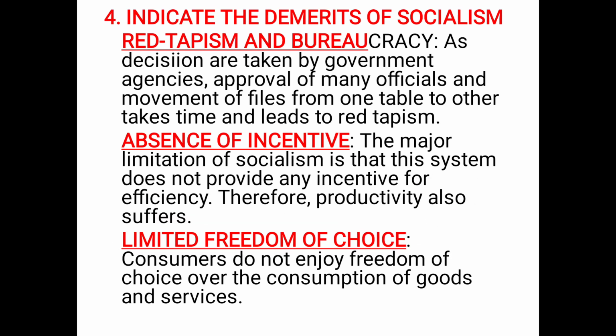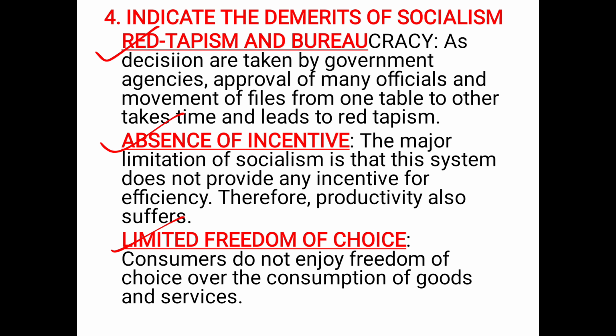Next one is, indicate the demerits of socialism. Under socialism, we have certain demerits, out of which are red tapeism and bureaucracy, absence of incentives, and limited freedom of choice. Now, what is red tapeism and bureaucracy? In a socialist country, all of us know that the government is the deciding authority.